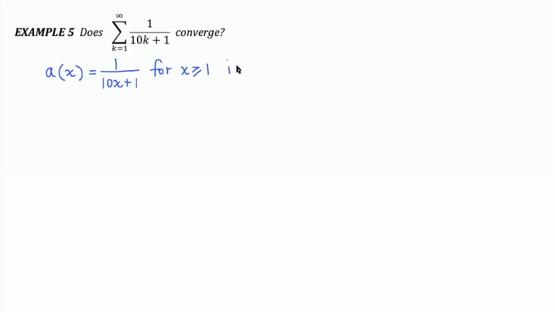You do need to verify that these conditions hold. So this function is positive, continuous, and decreasing. If it isn't one of those three, or multiple of them, then you can't use the integral test.